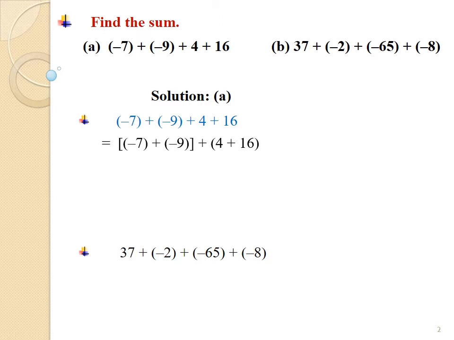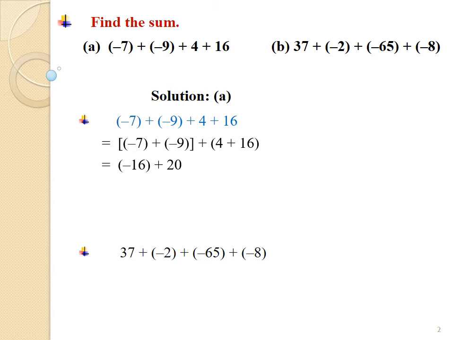Also add 4 and 16 as both the integers are positive. Thus, adding 7 and 9 as a whole number, we get 16 and placing minus sign before 16, we get minus 16. Also adding 4 plus 16, we get 20.